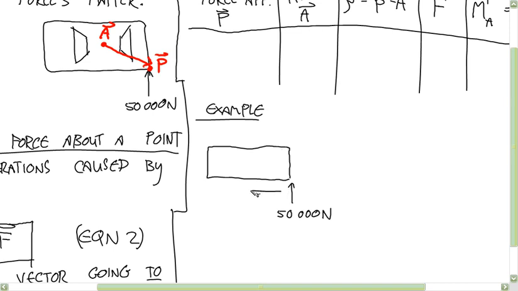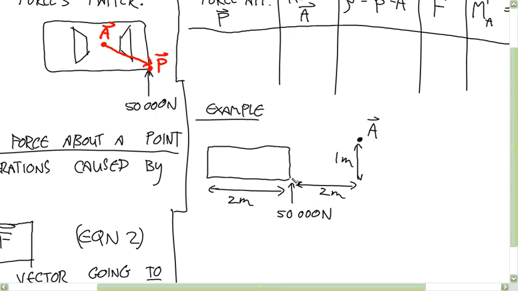And let's say that the length of this object is 2 meters. Go another 2 meters. And one meter up, and you get what we'll call the about point. Okay, and we're going to calculate the moment of this force about this point A.